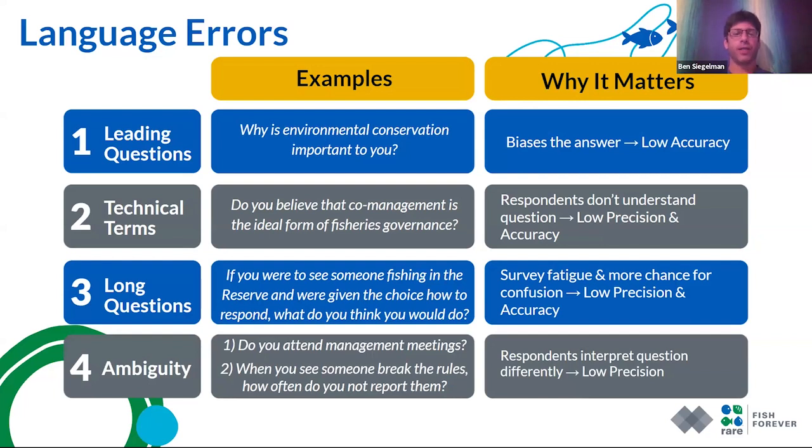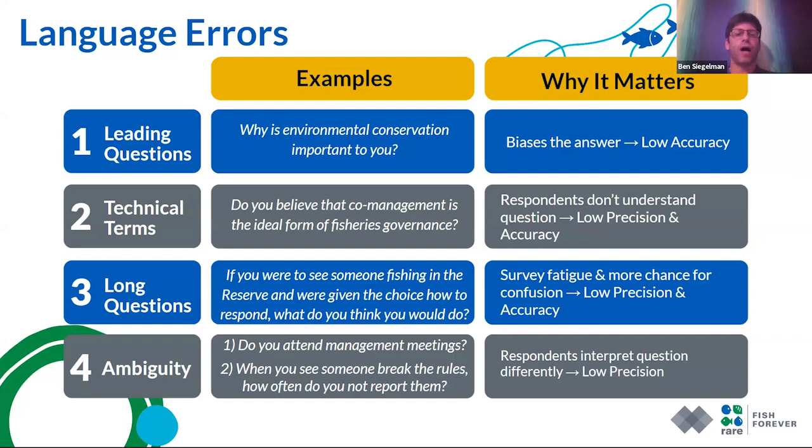Finally, ambiguity. So we have two examples here of ambiguous language. The first is, do you attend management meetings? Well, what fisheries management meetings, agricultural management meetings, other types? They may interpret management meetings differently than we did, and that ambiguity creates low precision. The second example is a different kind of ambiguity, and it's just confusing language.